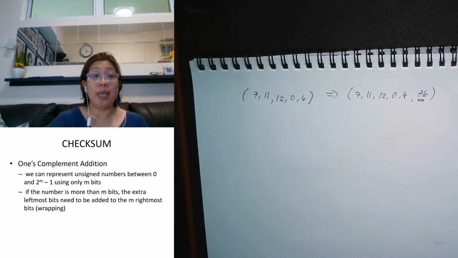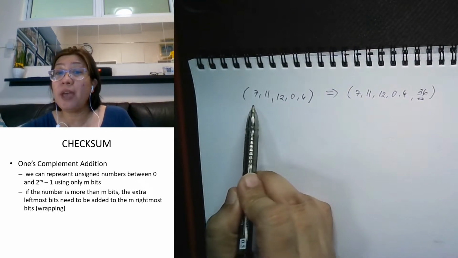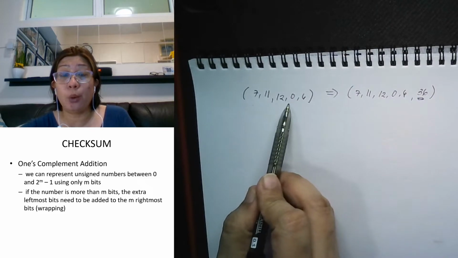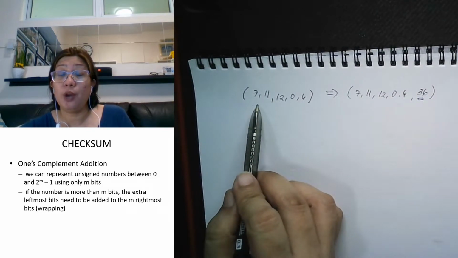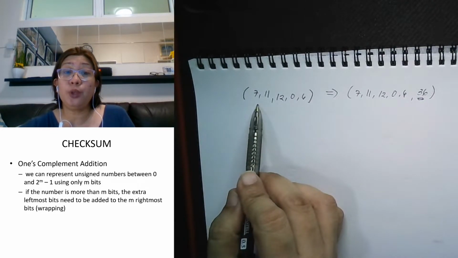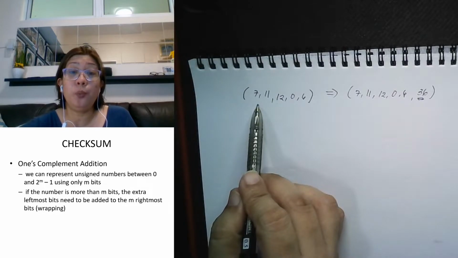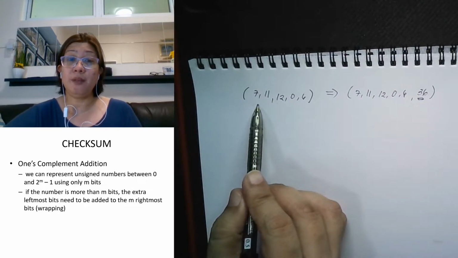Why? Because each of the numbers, the 7, 11, 12, and 0, we can represent them all in 4 bits. Remember the codes. As long as the number is 15 or less, it can be represented in 4 bits.